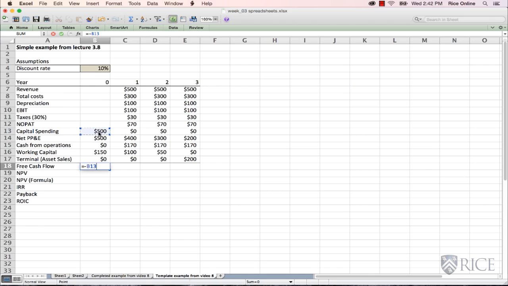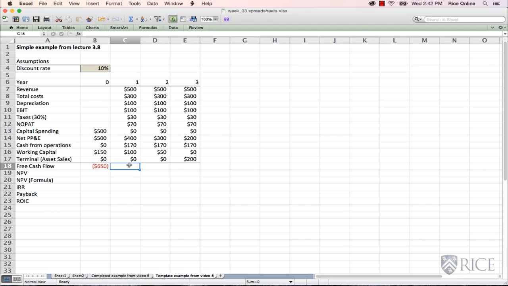And then I'm going to subtract the increase of 150 because I'm going from 0 to 150 in order to start the project. It's like I'm investing 150 of working capital. So my total spending is 650.